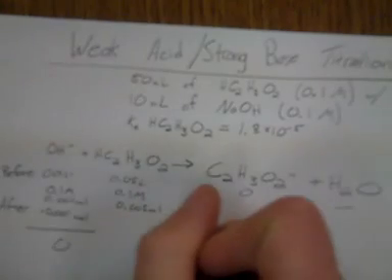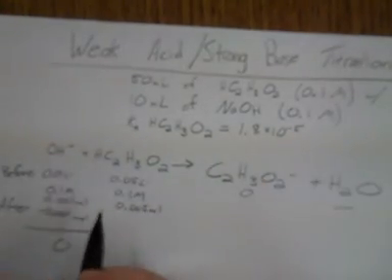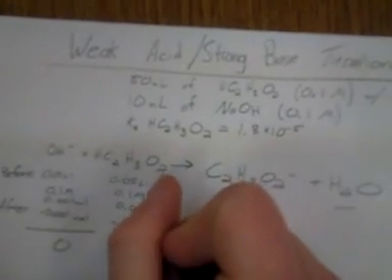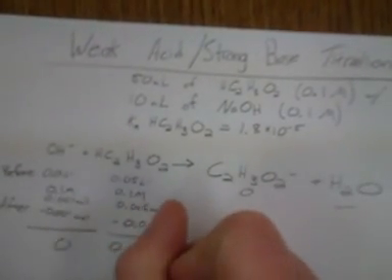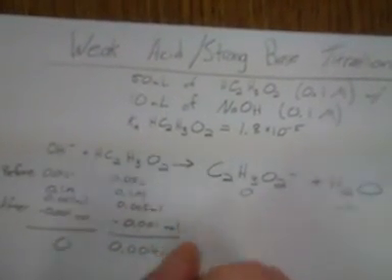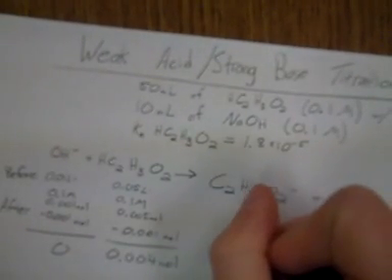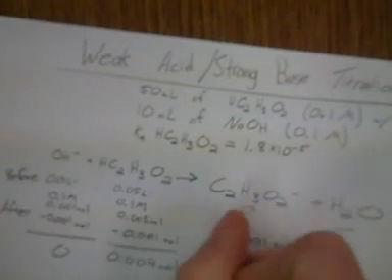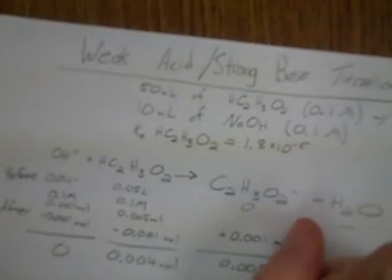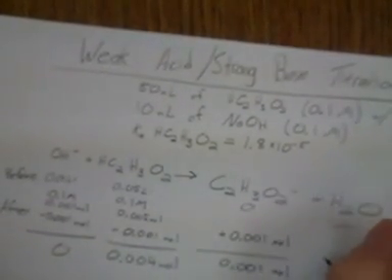That's a 0. And then for acetic acid, we're going to subtract 0.001 moles. And that's going to give us 0.004 moles. Then we're going to add it to acetate, and that's going to give us 0.001 moles, and still don't care about water.